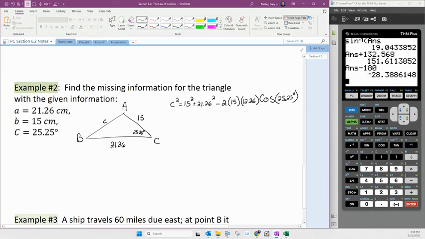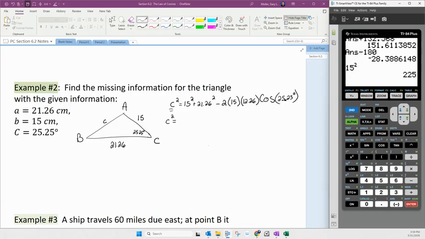So this time the unknown is a side length, and so all my math already exists on the other side. Just pay attention that you have three terms. You've got term 1, term 2, and then a giant term 3, and just don't screw up your order of operations. So c squared is approximately going to be equal to, let's see, 15 squared. I knew the answer. I don't know why I did that.